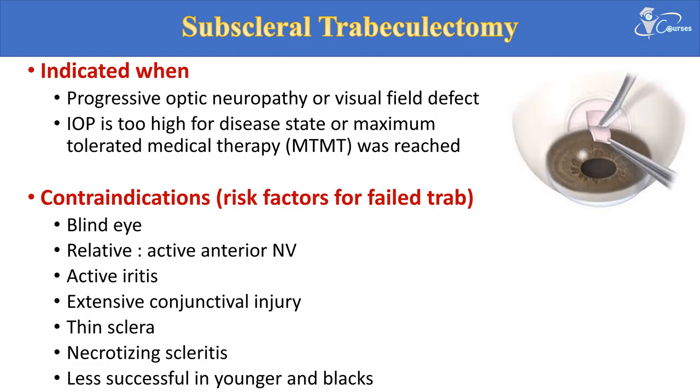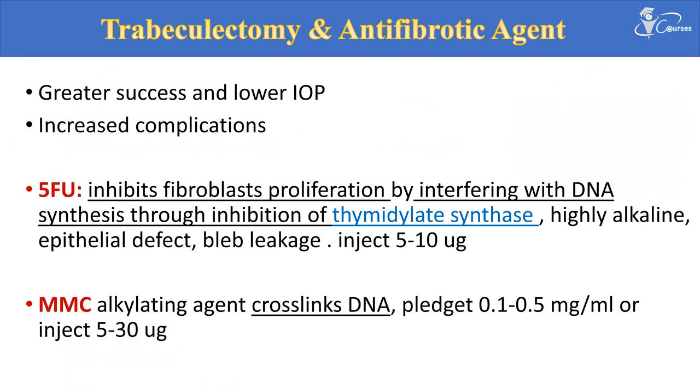The fate of any wound is that it will heal, but if it heals, it will result in closure of the flap and will prevent the drainage of aqueous. So we want something that will prevent this trap door from healing, and this is the role of antifibrotic agents. Since their use, they have shown great improvement in the success of the trabeculectomy, but unfortunately, they also show increased complications.